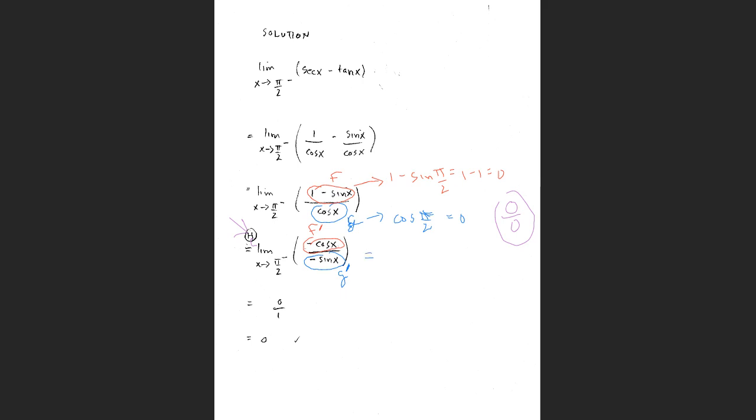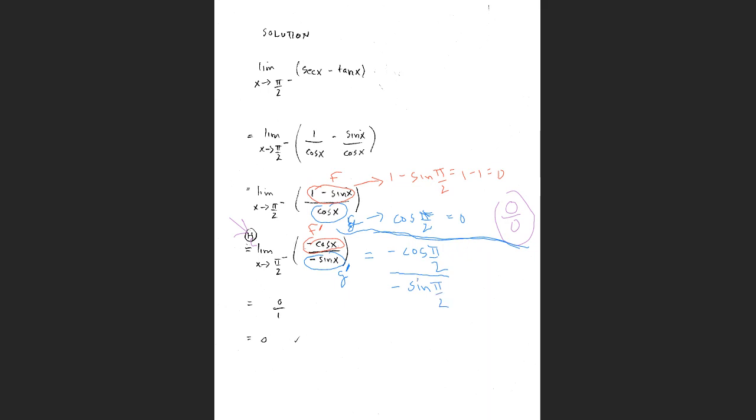Now if I take the limit, I'll have negative cosine of pi over 2 in the numerator and negative sine of pi over 2 in the denominator.